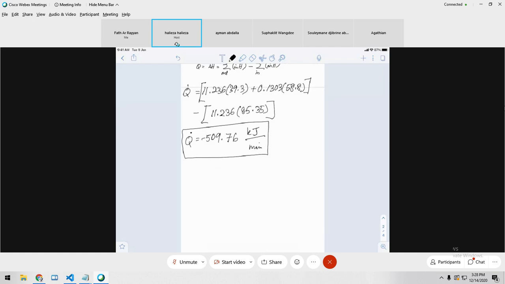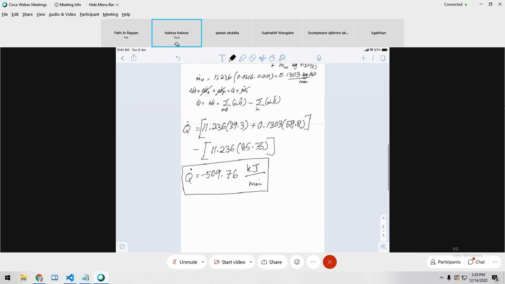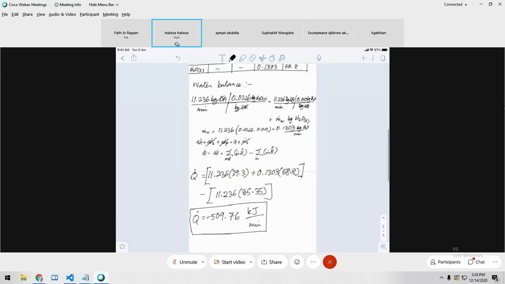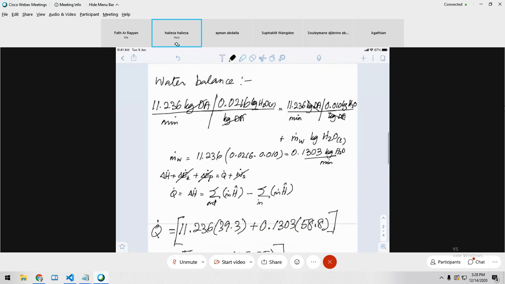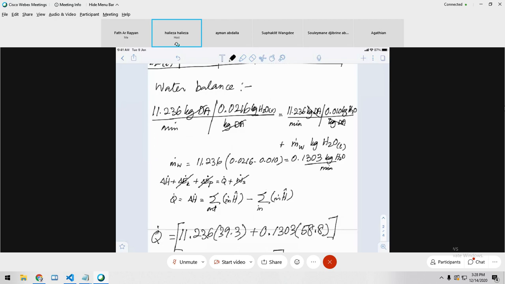So this is how you do it, the same as that previous example we did. Exactly the same procedure. Any questions? This is one of the typical examples. You need to calculate the amount of water that condenses. This is just like an aircon unit.